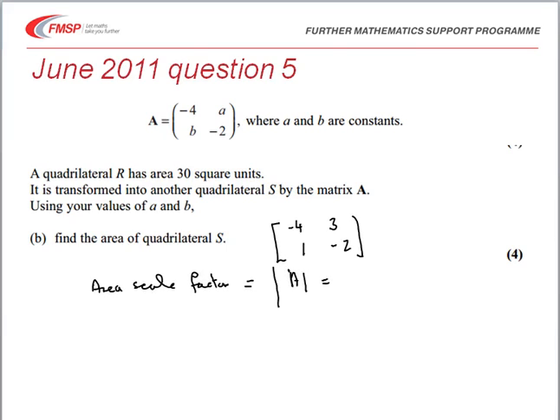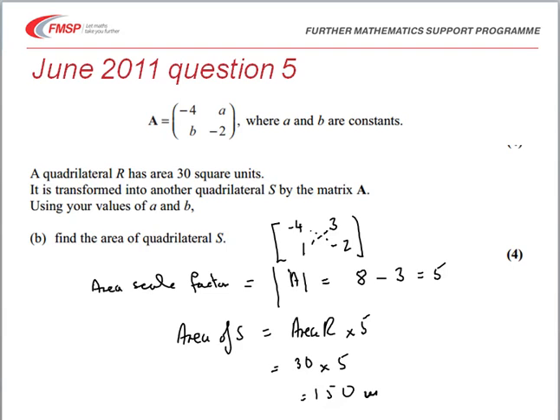To calculate the determinant, we take the leading diagonal multiplied together, so that's -4 multiplied by -2 is 8, and subtract from that the product of the other diagonal, 1 times 3, so that gives us an area scale factor of 5. Therefore the area of S is equal to the area of R multiplied by 5. So that's 30 multiplied by 5 is 150 units squared.